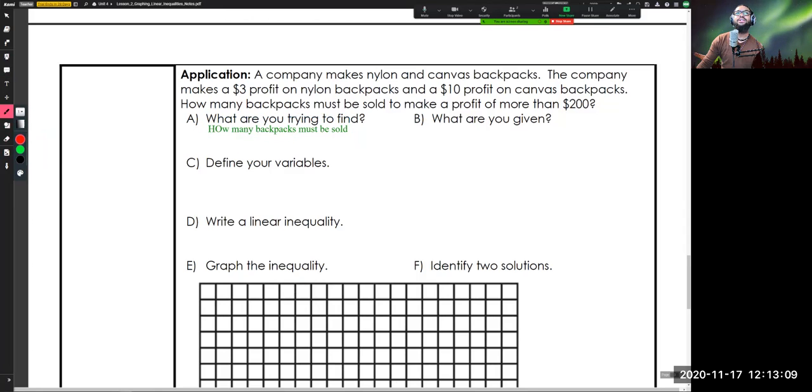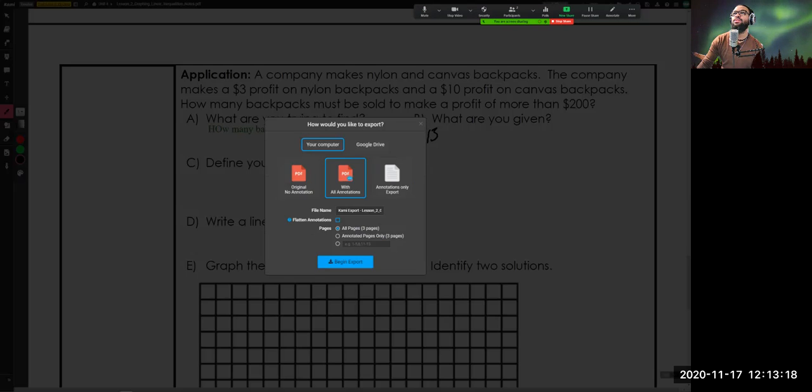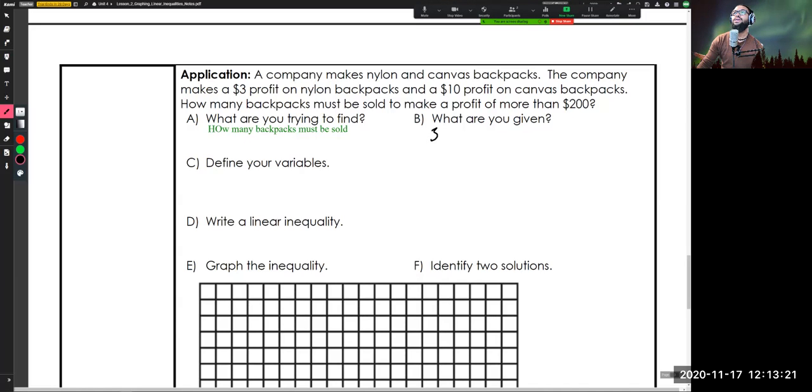We are given, it tells us they make $3 in profit from nylon backpacks. I'm just going to type this out. And so you all may have to read this question multiple times to get all this information.